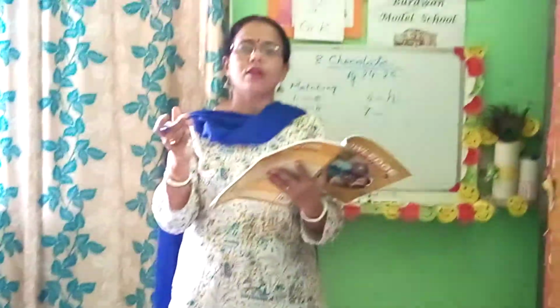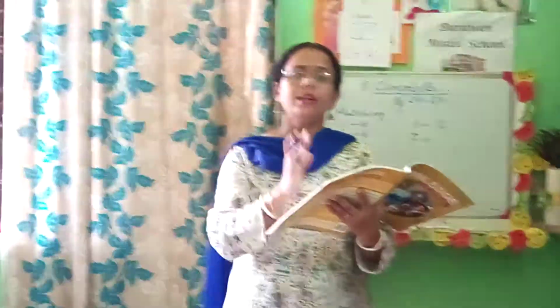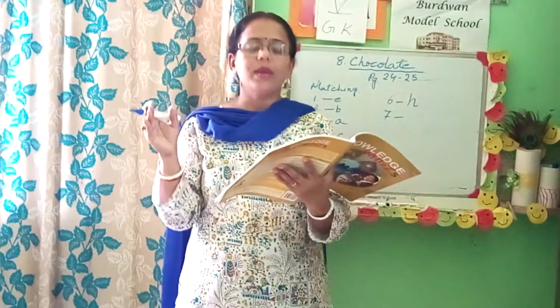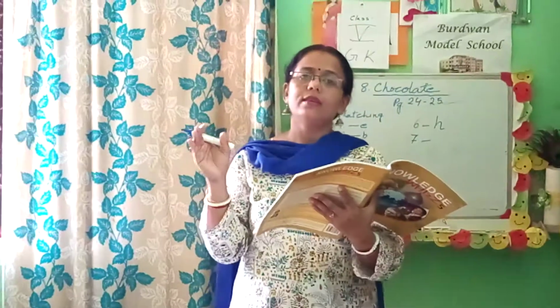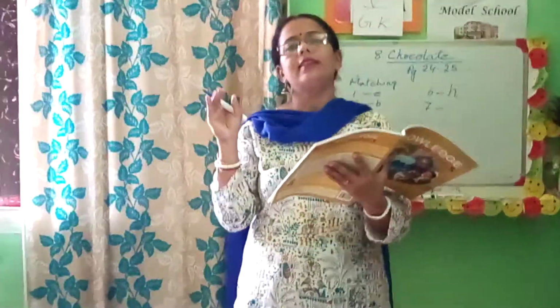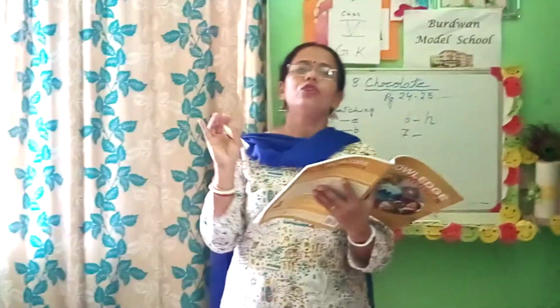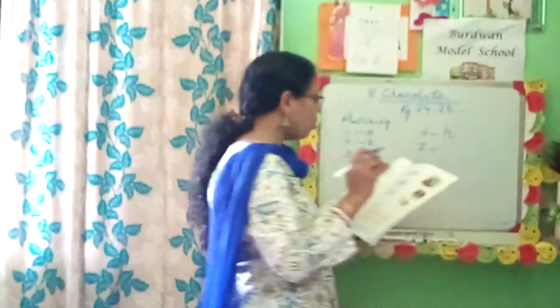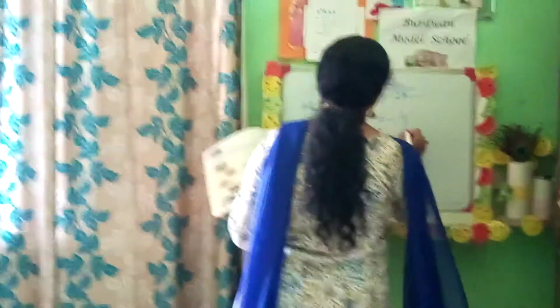If it is dark chocolate, then the amount of liquid chocolate, the cocoa, will be more. If it is milk chocolate, then there will be very little cocoa in the butter. So it matches with G.